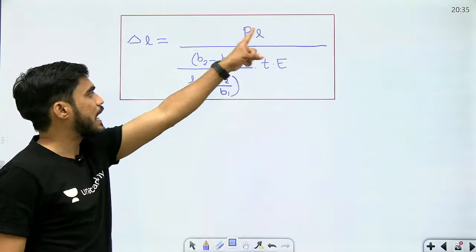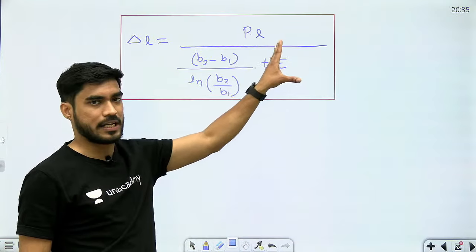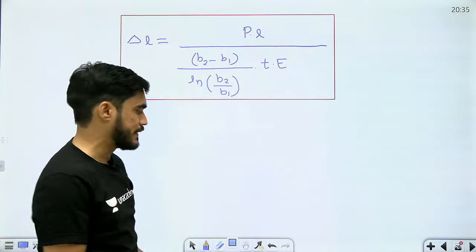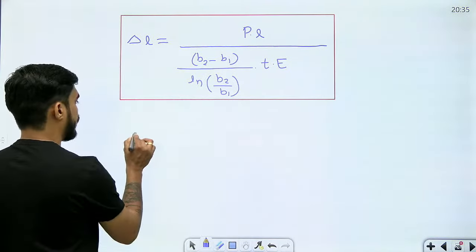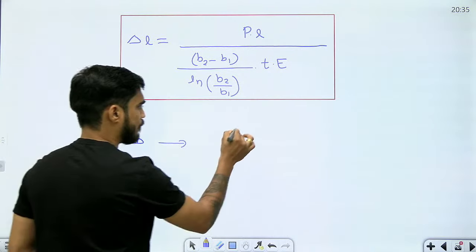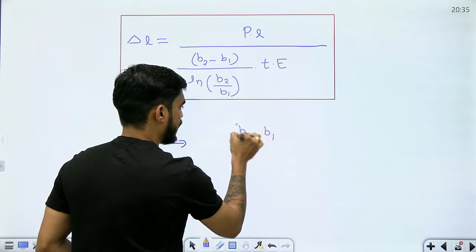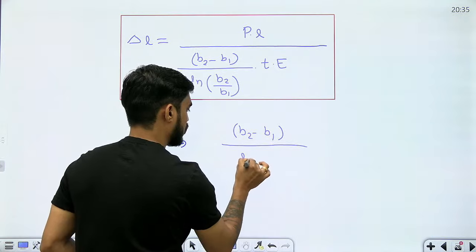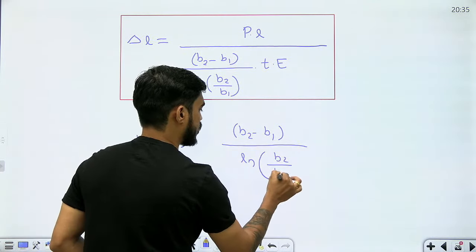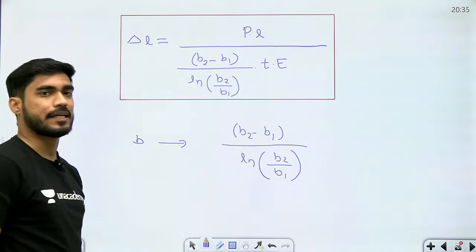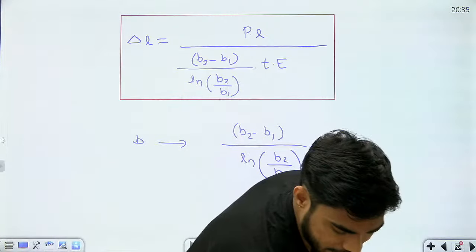PL by height into thickness into E. Now beta, everything is the same, only instead of b, you have to write (b2 minus b1) divided by natural log of (b2 by b1). Is it clear to you?